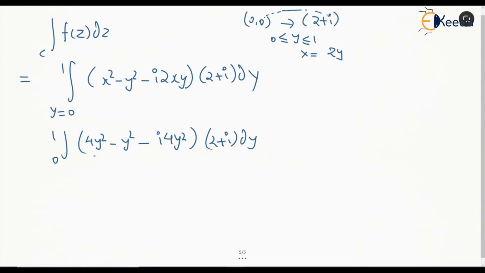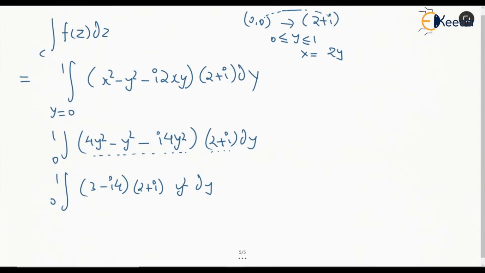Now this term all has y square common, so this can be written as 3 minus 4i, into 2 plus i, into y square dy from 0 to 1.